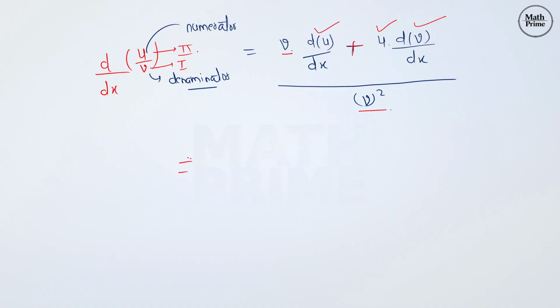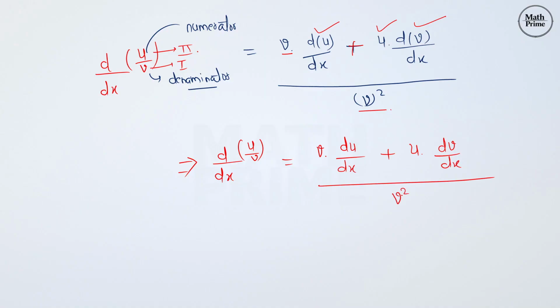Like again, numerator is d by dx of u upon v is denominator as it is derivative of numerator plus numerator as it is derivative of denominator upon denominator square, and it is enough.